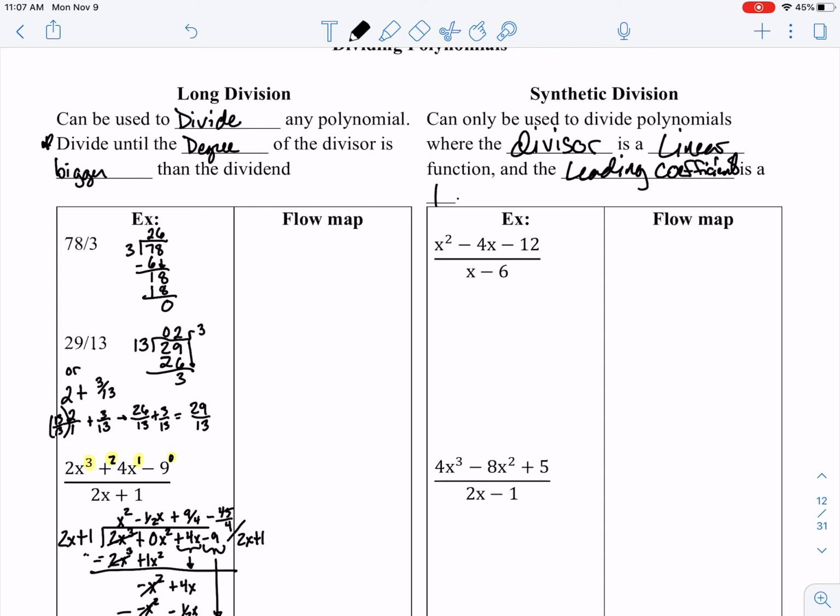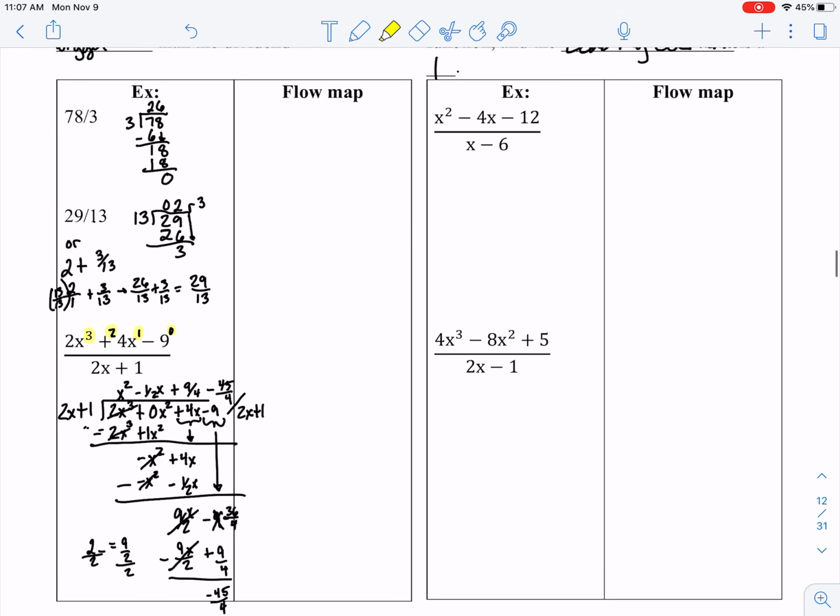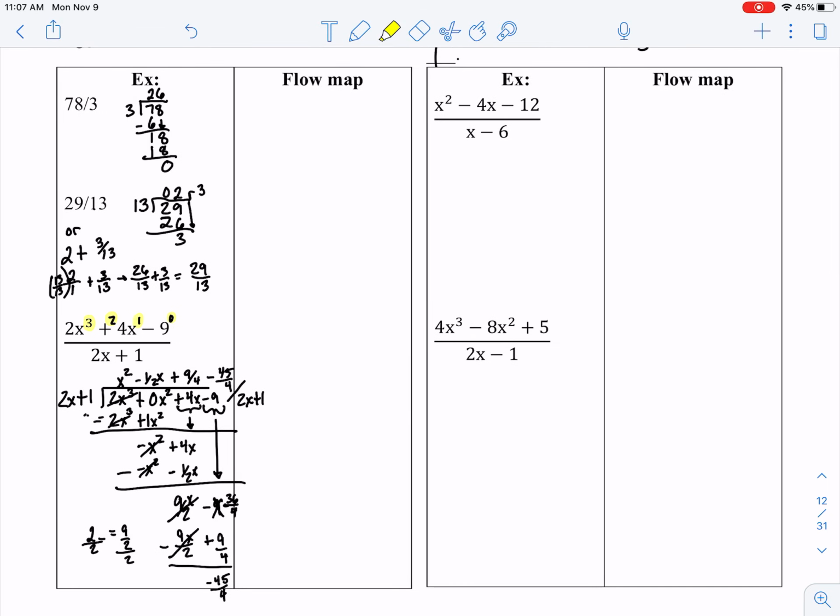Okay, so degree of 1 and leading coefficient must be a 1. If it's not that, then you can't use synthetic division.